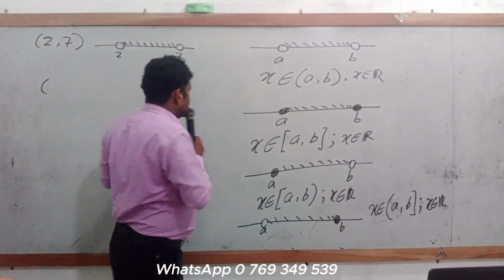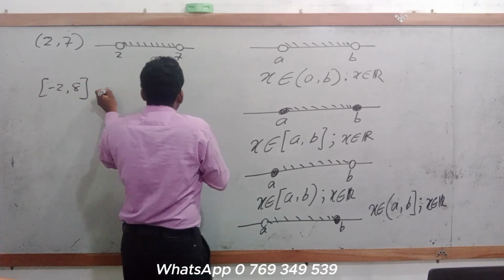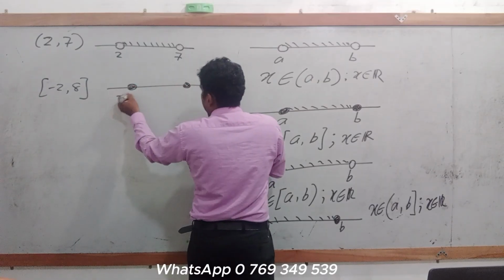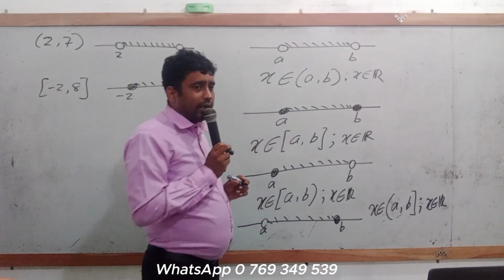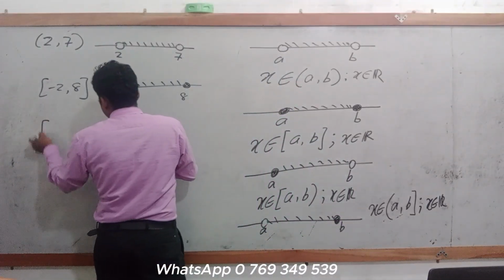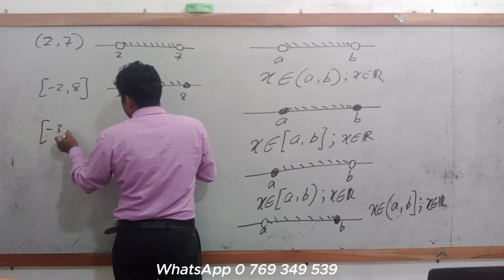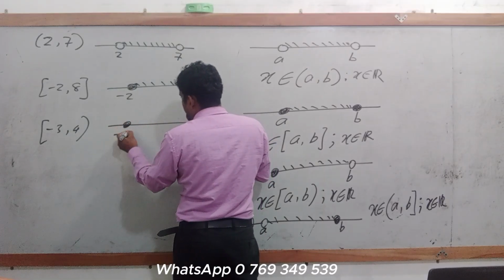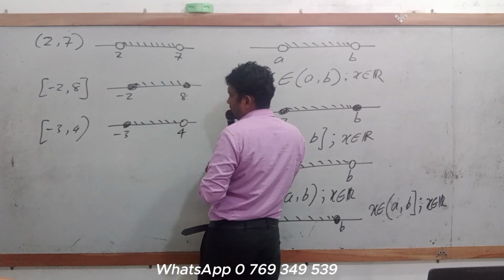Next one is left closed, that is -3 to 4. Here -3 and here 4 is open.